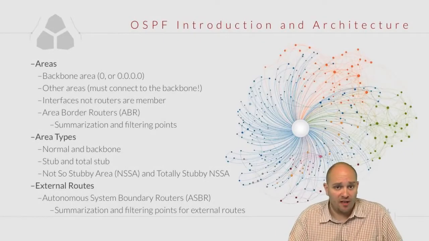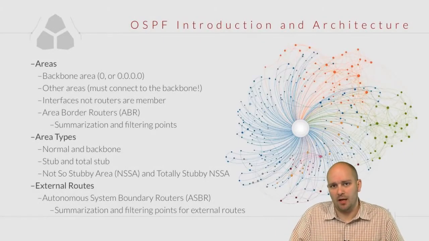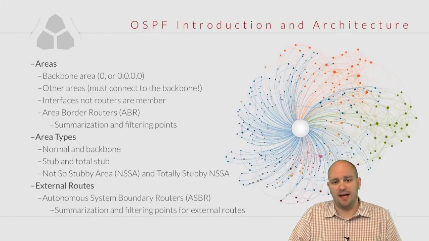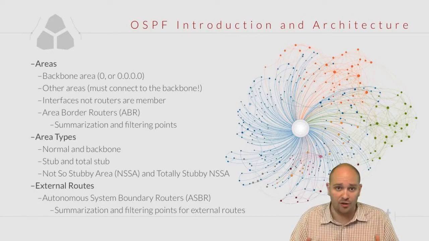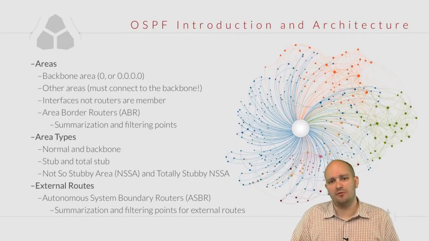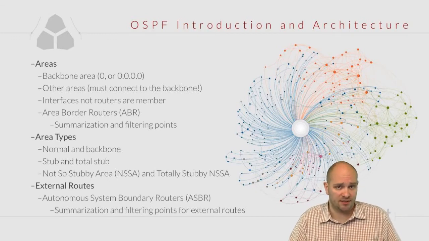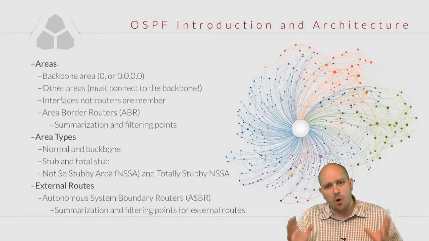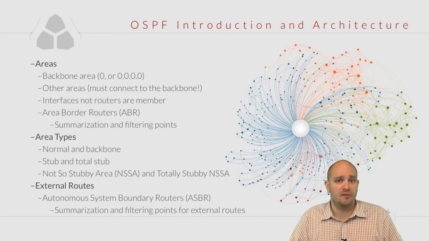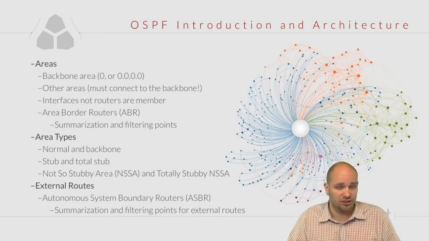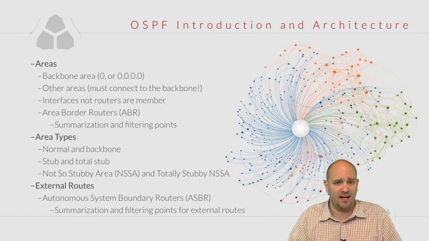And speaking of areas, let's talk about them a little bit. I did mention that there are different areas in OSPF, and not all areas are the same. OSPF relies on a hierarchical design of areas. There is one area that is considered to be the backbone area. This area has the area identifier of 0.0.0.0, or simply area 0.